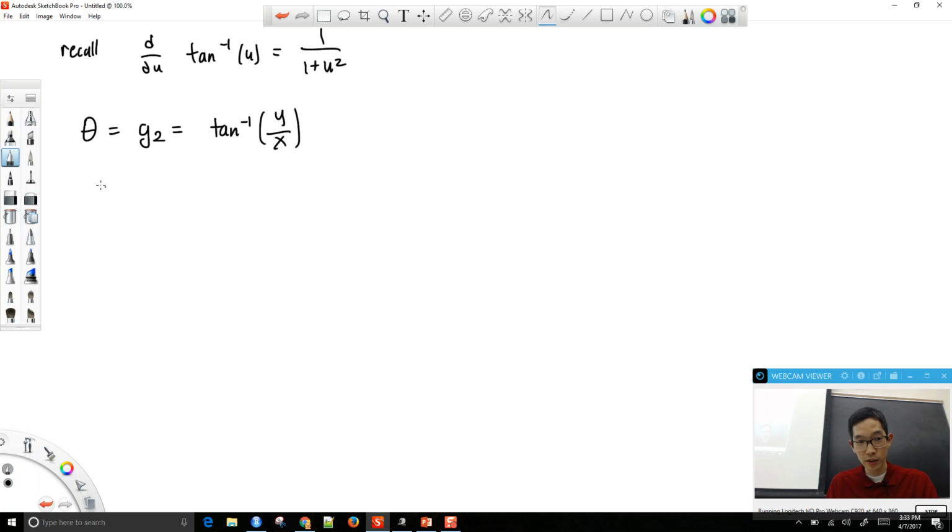We take the partial with respect to x, and we get 1 over 1 plus (y over x) squared, times, with the chain rule, negative y over x squared. And so we get negative y over x squared plus y squared.